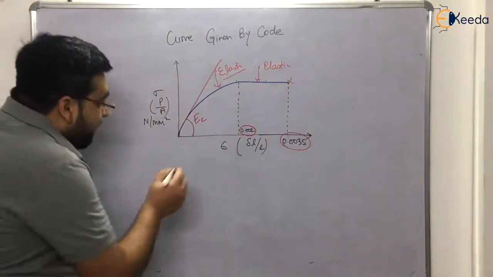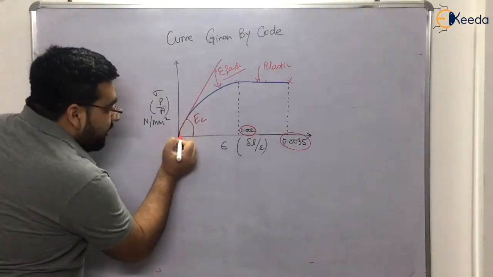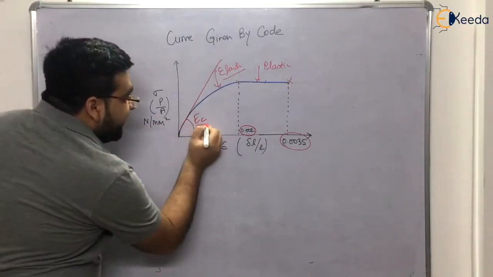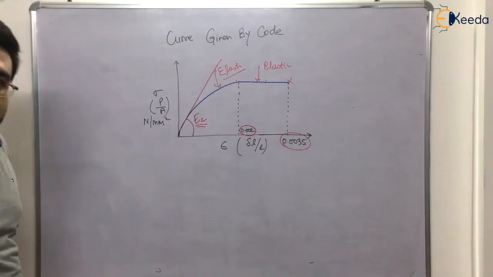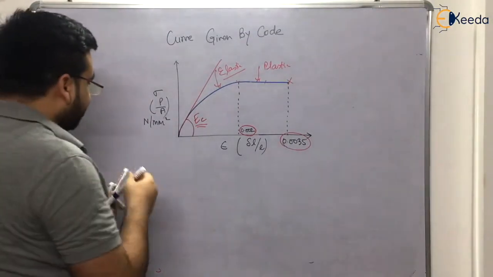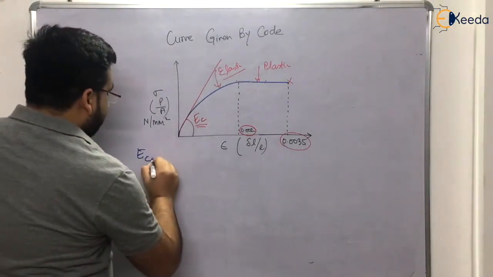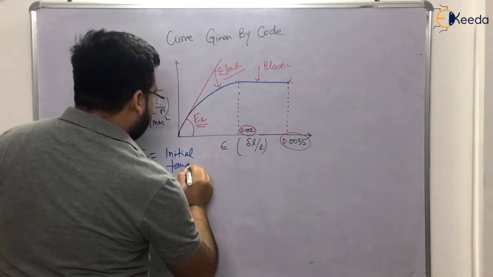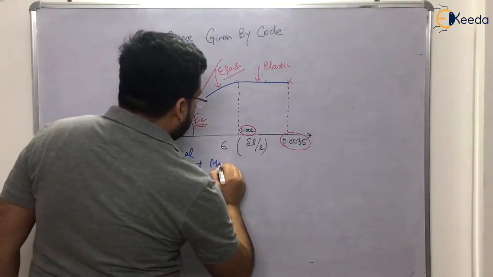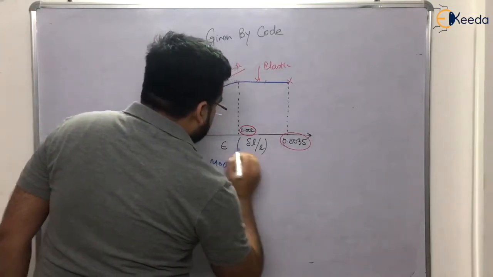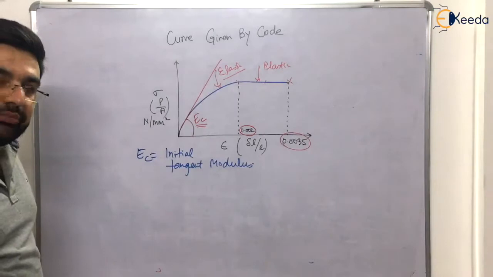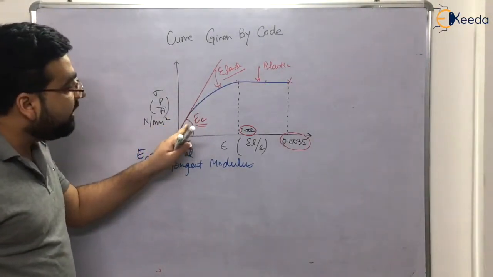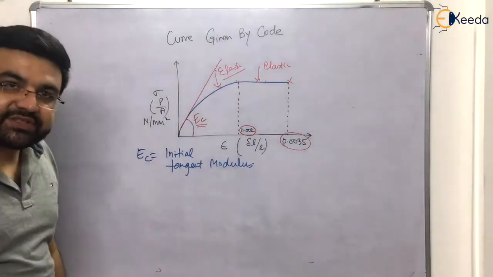Now if I draw a tangent passing through the origin to the initial curve, this is EC, the initial tangent modulus. EC is the initial tangent modulus. The value of EC has been recommended by IS 456.